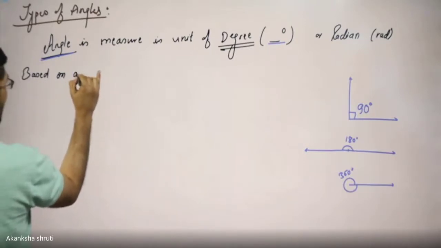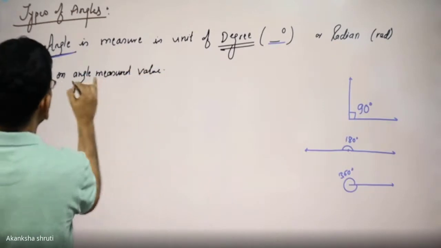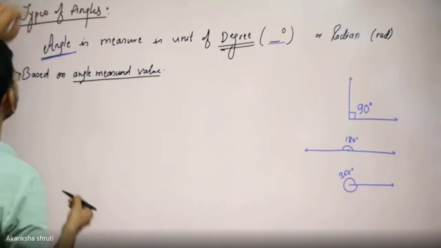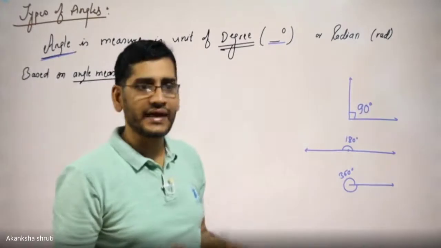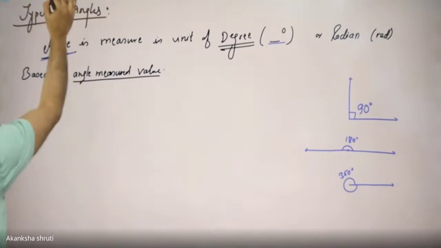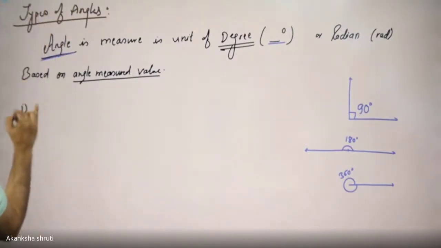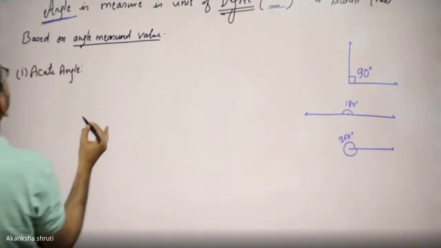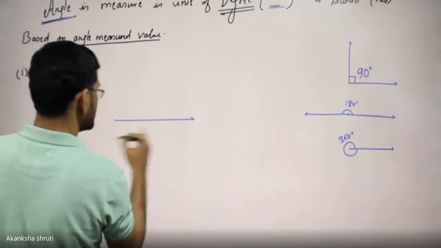If the angle measured value is less than 90 degrees, that is called an acute angle. So let us form one angle. The very first one is our acute angle. For forming the angle, we need at least two rays.